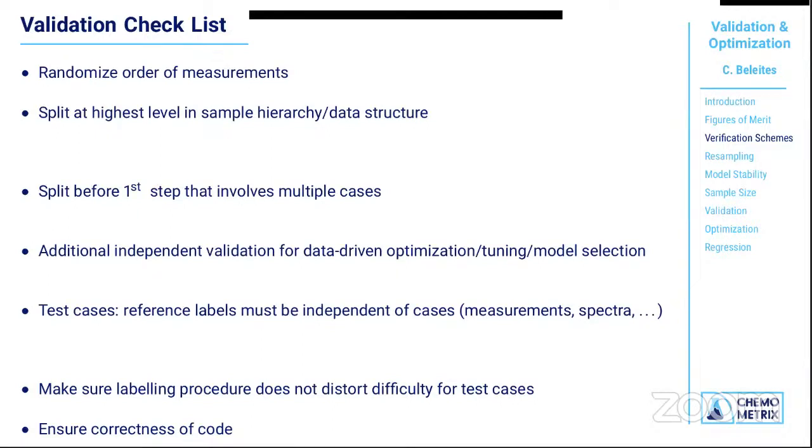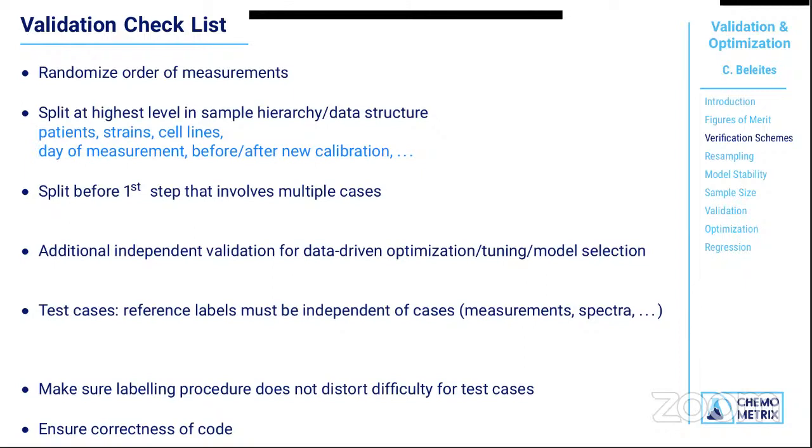Again, for independence, split at the highest level in your data structure or sample hierarchy. For me, that would be, for example, patients or cell lines. But it's also influencing factors on your measurement instrument, possibly day of measurement, before or after new calibration, things like that. You need to check and beware of that.